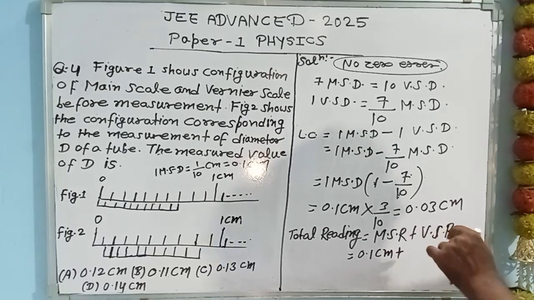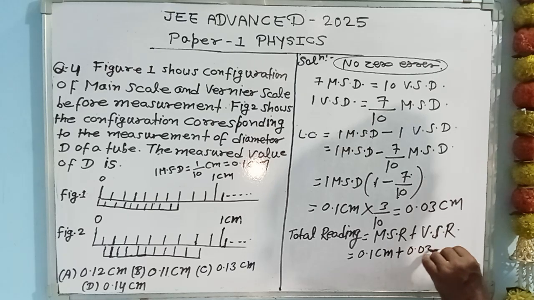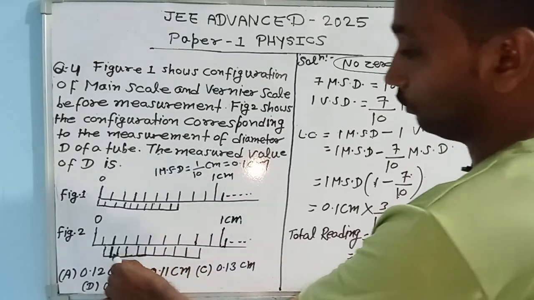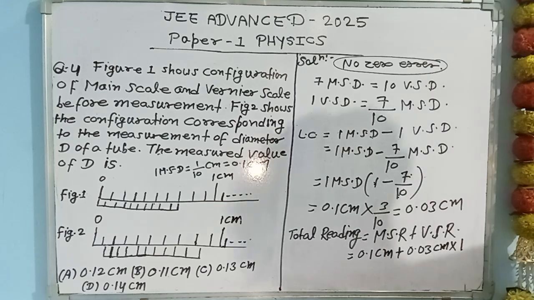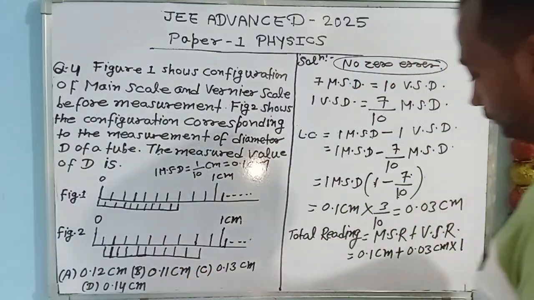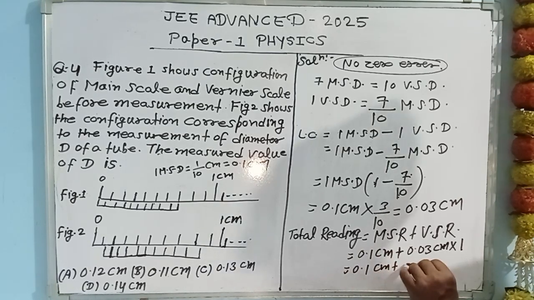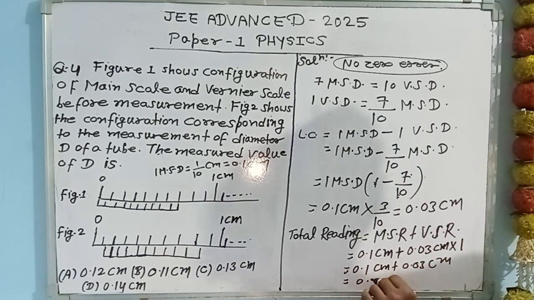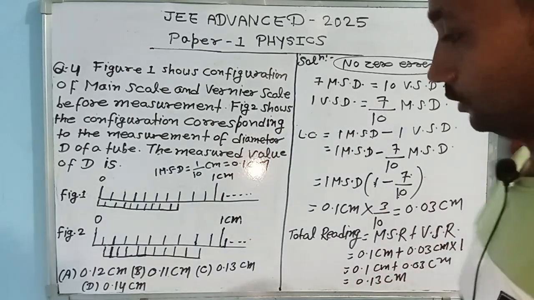So the vernier scale reading is 0.03 centimeter times the coinciding division, and the first division is coinciding. From here we calculate 0.1 centimeter plus 0.03 centimeter. By adding this we get 0.13 centimeter, and this is the answer for this question.